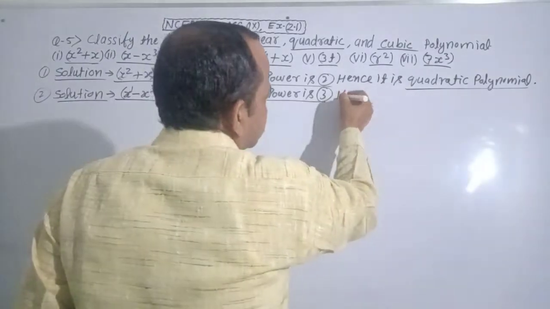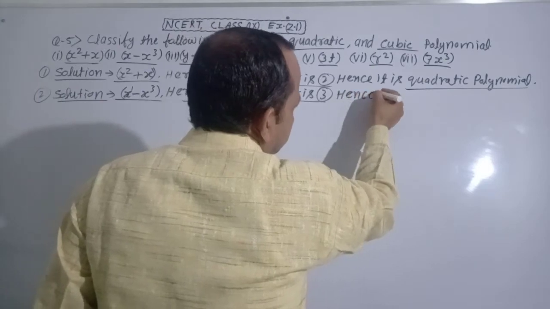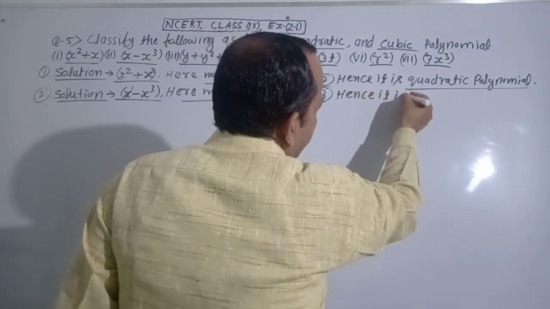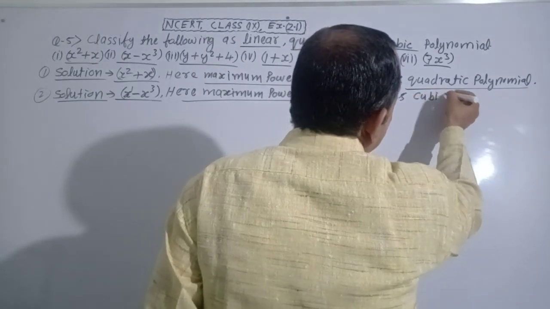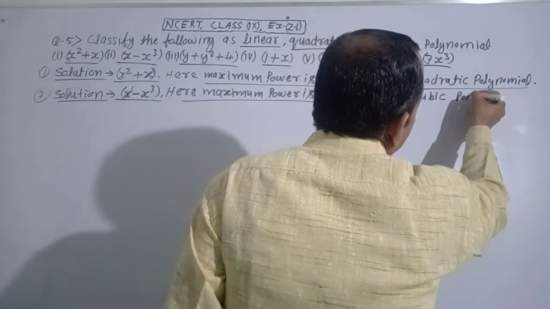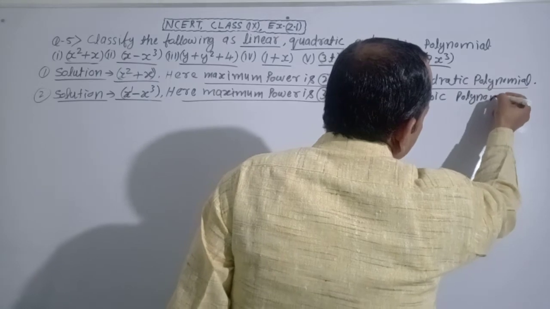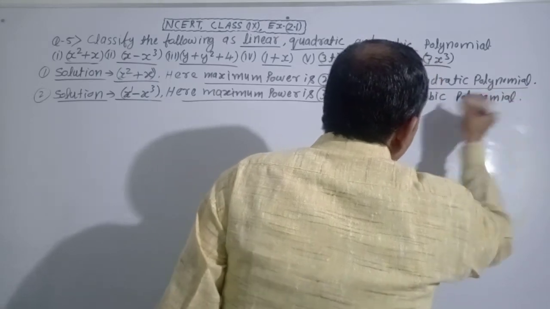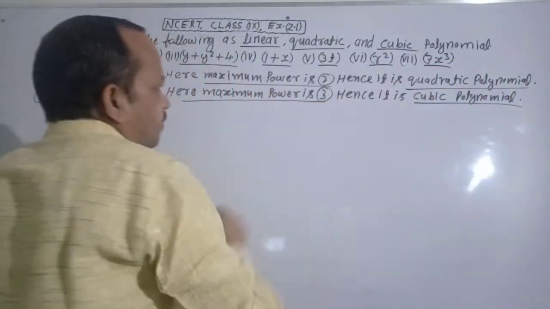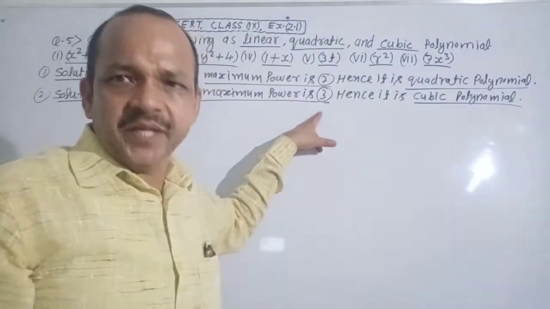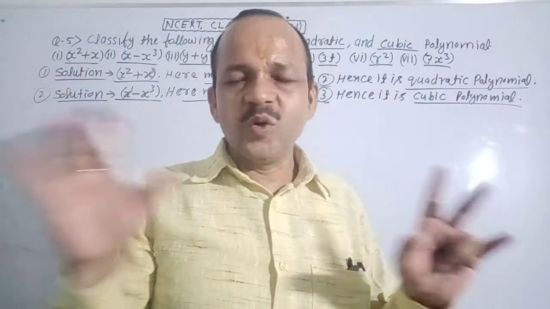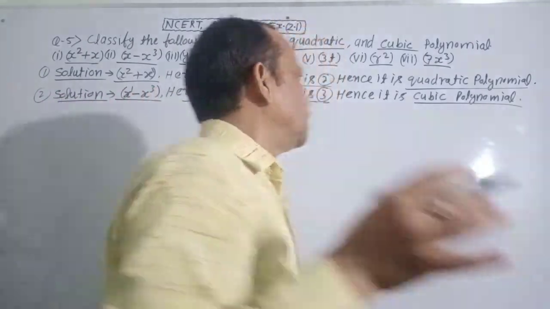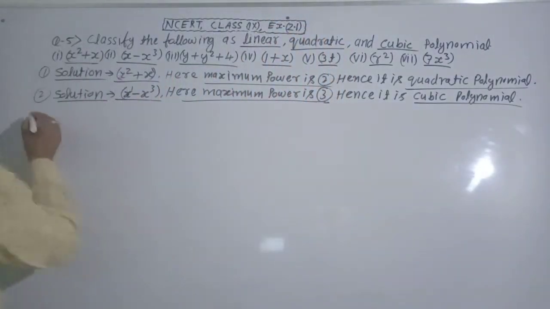Hence it is a cubic polynomial. Cubic polynomial. Maximum power is 3. Hence it is a cubic polynomial. Is it clear? No confusion about it? Very good. Next.